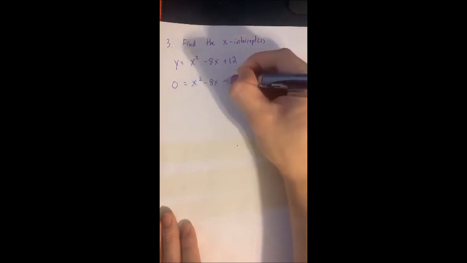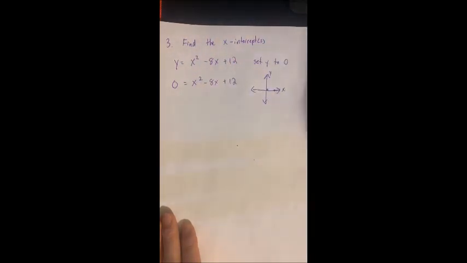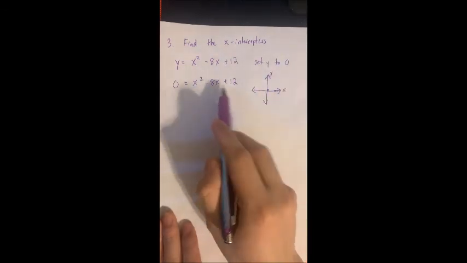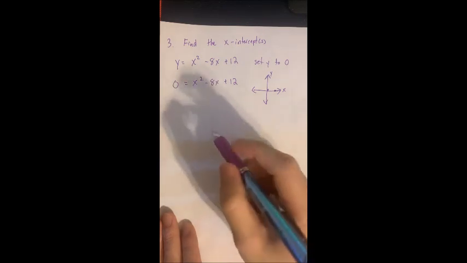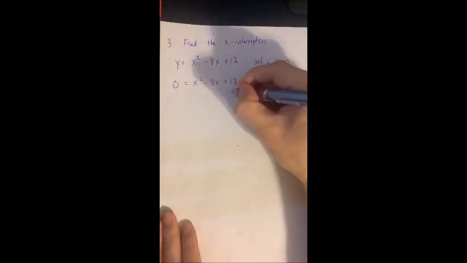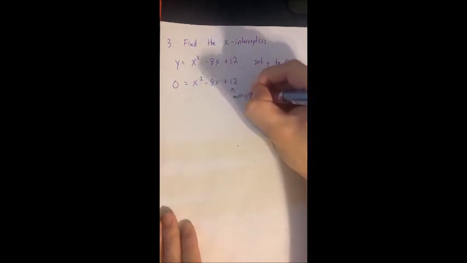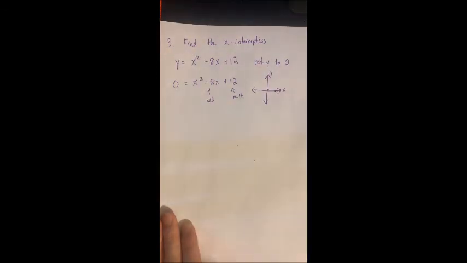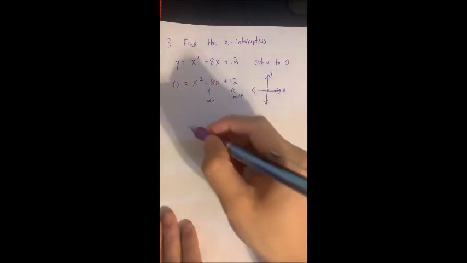0 equals x squared minus 8x plus 12. So we have to refer back to chapter 7, factoring. So this is a polynomial here, and we can factor this. We have to find two numbers that will multiply up to this, and then also add up to this. So let's go ahead and do that. I'm going to make a table here.